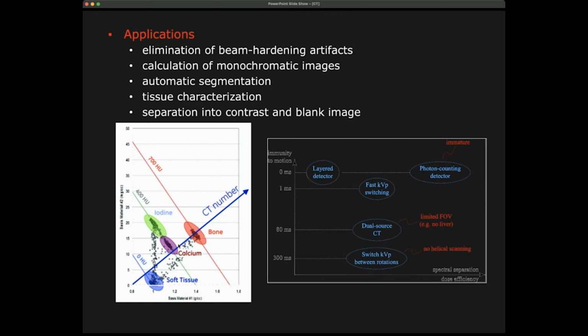For example, to look at calcium or bone, whether you have bone or calcifications induced by atherosclerosis, the composition is slightly different, and with a classical scanner we don't see the difference. With dual energy you might be able to get the difference. So these are ways to discriminate the tissues more.